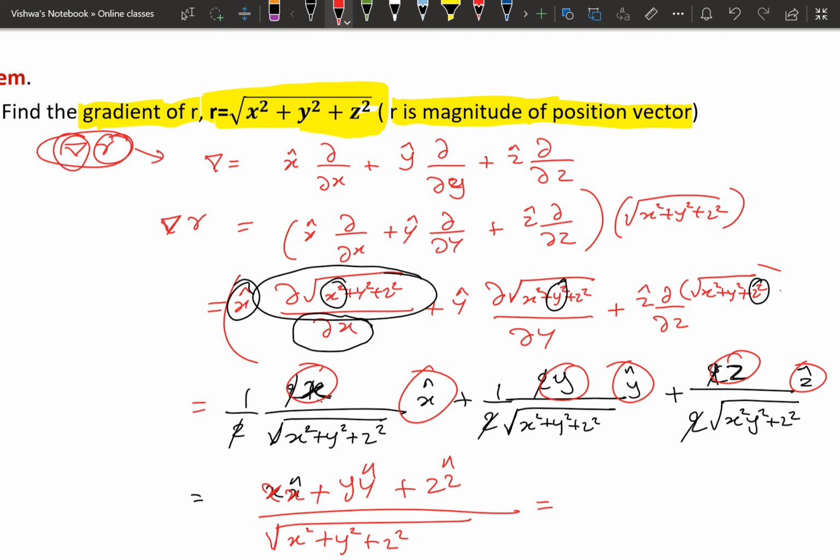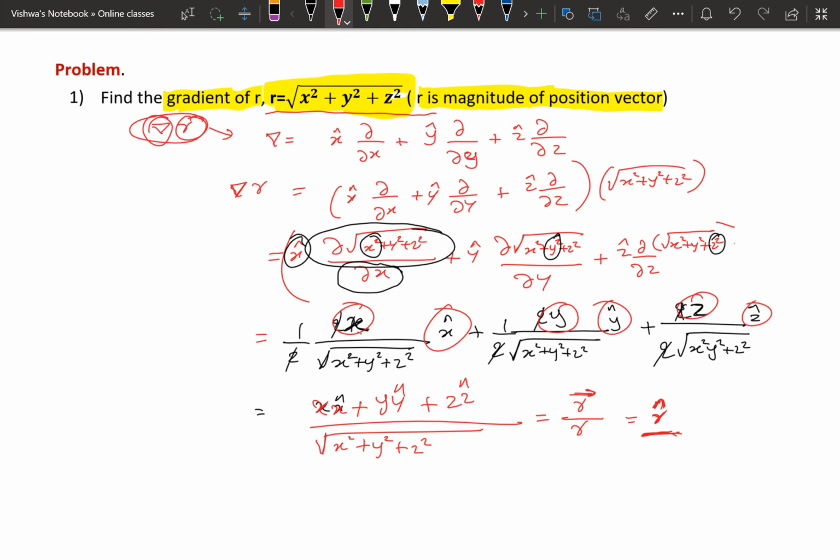It is the position vector r bar, divided by the square root of x square plus y square plus z square, which in the given problem is the magnitude of the position vector, that is r. What does it give? r cap. So like that we have to find the gradient of functions. This indicates there is a maximal change along the radial direction. This unit vector is along the radial direction, so it indicates the maximal change is along this unit vector.